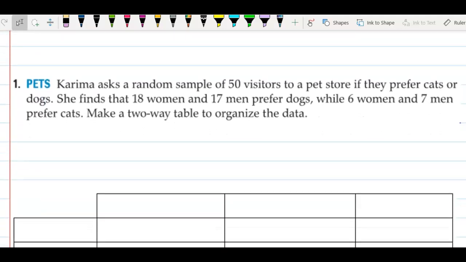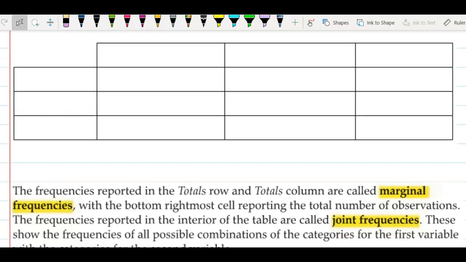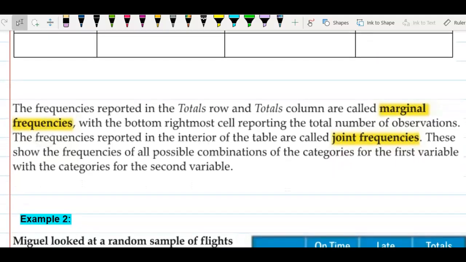Now we're going to talk about how to read a frequency table. We have things that are called marginal frequencies and joint frequencies. Remember, frequency is just how often something occurs. For the marginal frequencies, think about the margins of your paper.